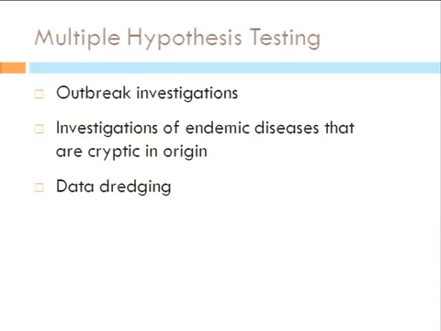Okay, multiple hypothesis testing. So in epidemiology, especially at the very beginning of things, we may be testing multiple hypotheses. It's especially true in outbreak investigations where you're looking at a ton of different exposures. That can also be true in investigations of endemic diseases that are cryptic in origin. And that's very true of data dredging.